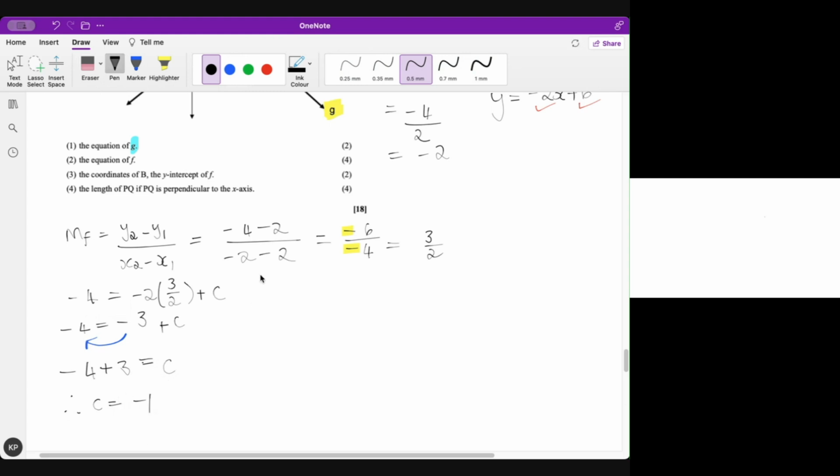So your equation for this one is y equals 3 over 2 x minus 1. Done. This one is out of 4 marks, probably because there's a fraction. So I'll give you 2 for the final answer, for the method of finding the gradient, and for finding c.